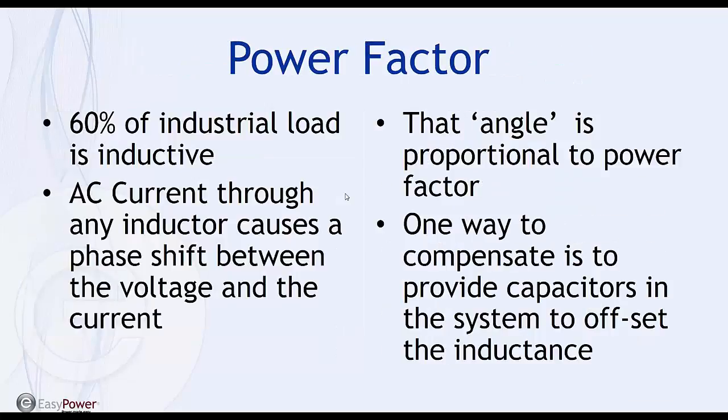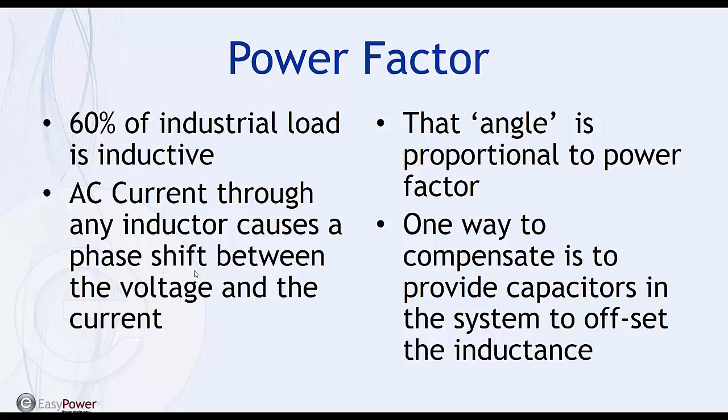Now in the U.S. industrial base, over 60% of the industrial load is inductive. When we pass AC current through any inductor, it causes a phase shift between the voltage and the current, and it's this phase angle that's proportional to the power factor.